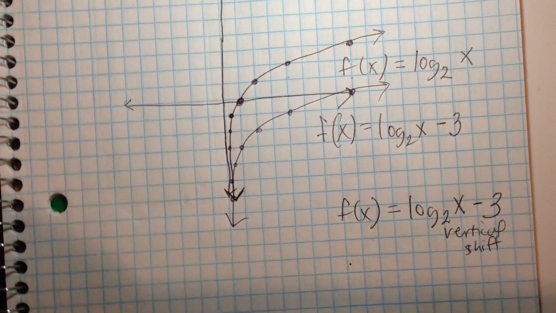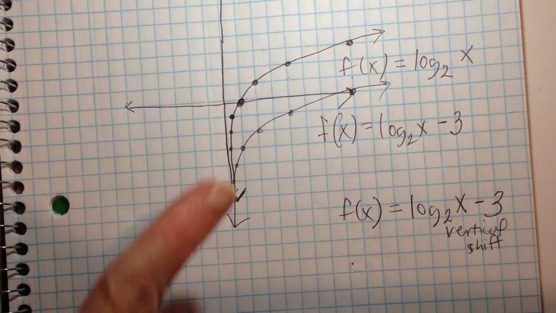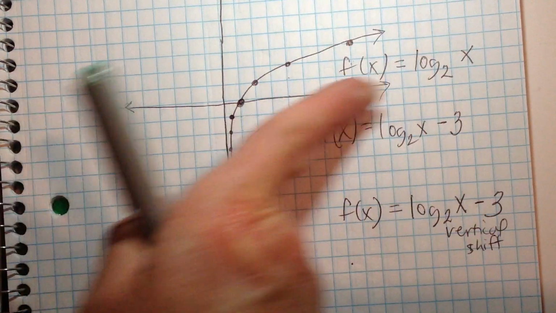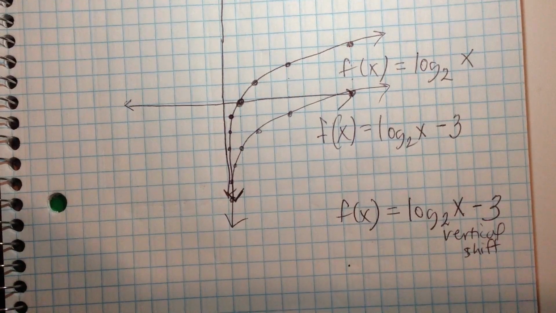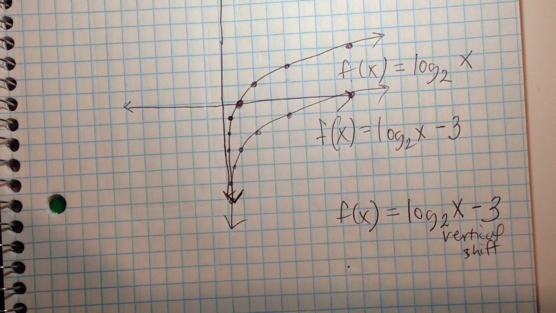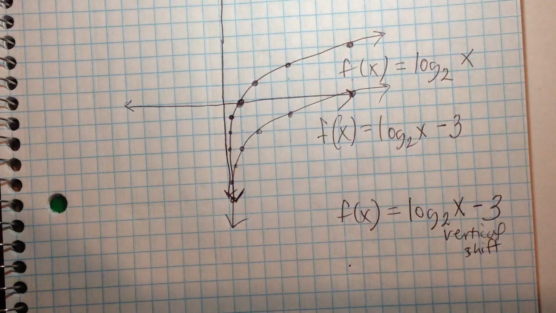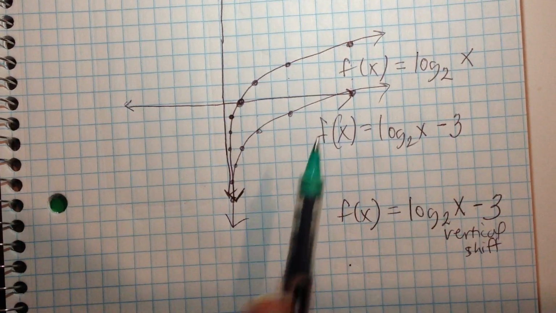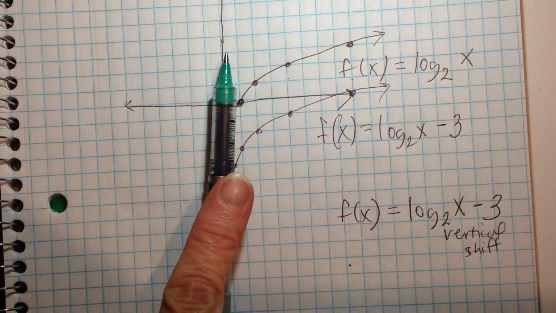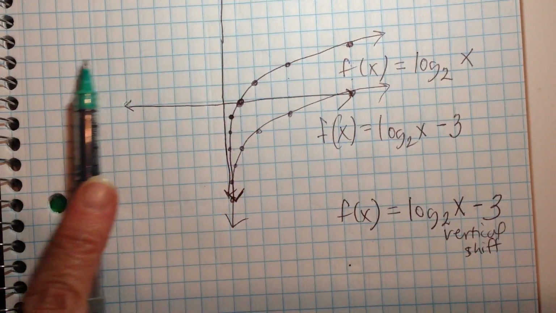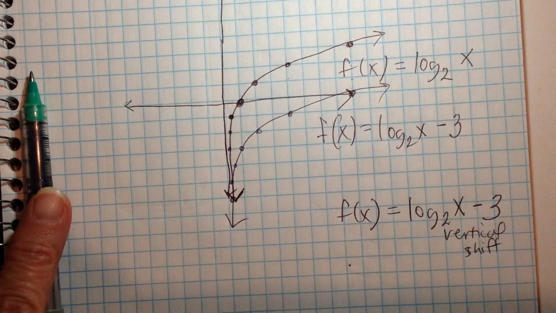Well, when I look at this graph, it's going on and on and on in the right direction. In other words, for your domain, it goes on and on to positive infinity. Where does it stop on the left side of the x-axis?